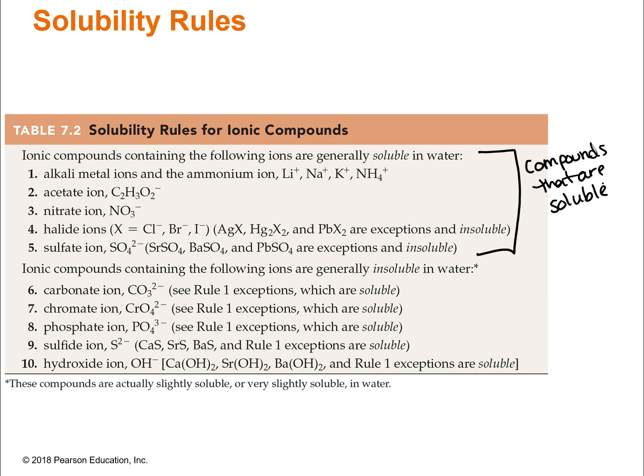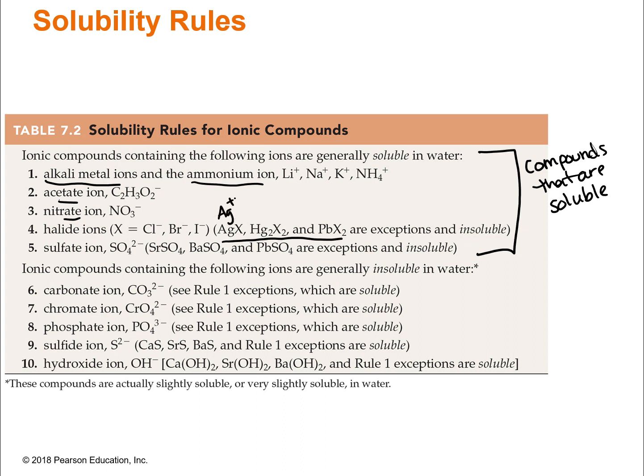By and large, if you've got anything from group 1, so the alkali metal ions, or ammonium, if it's got either of those, it's going to be soluble. Things that are paired with the acetate ion, the nitrate ion, soluble. Halide ions, mostly soluble, but there are some exceptions.